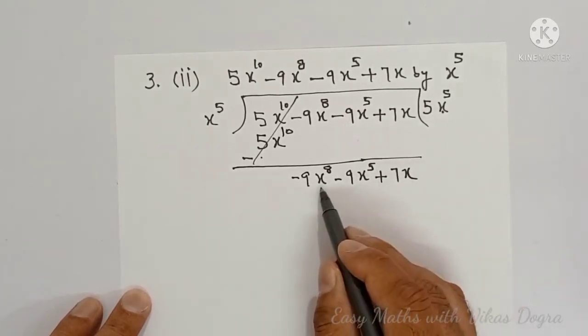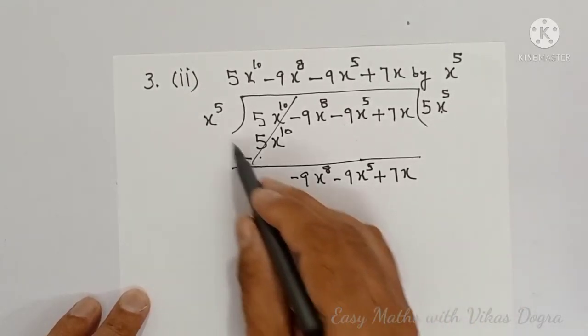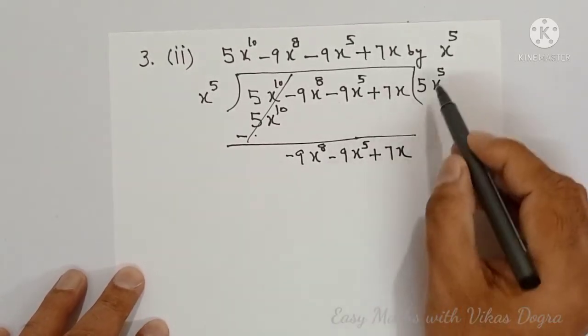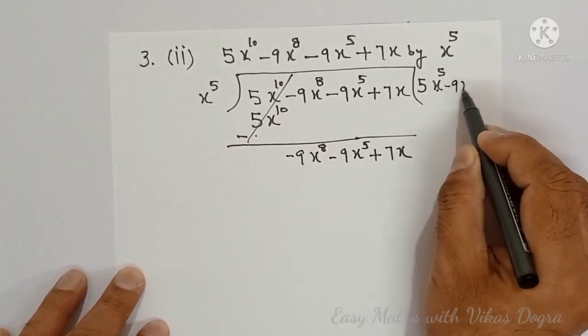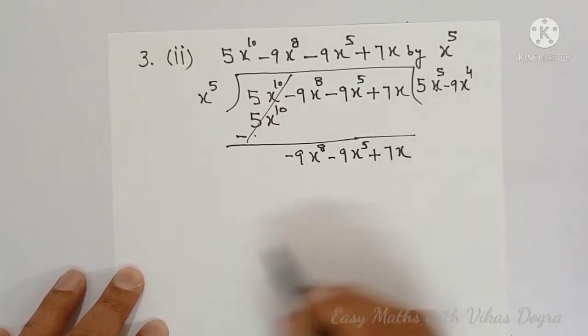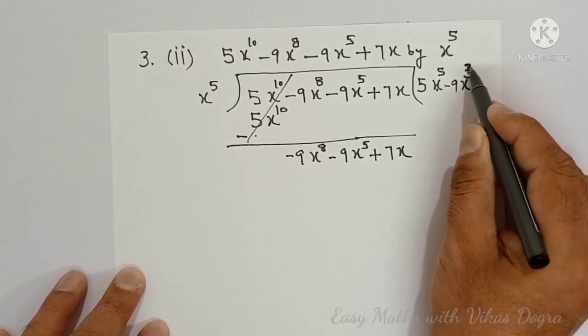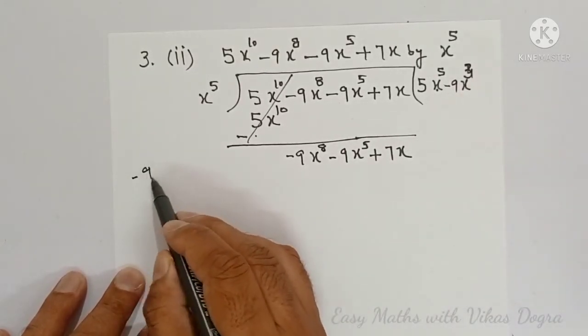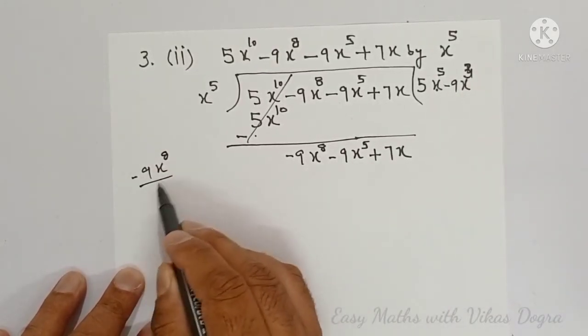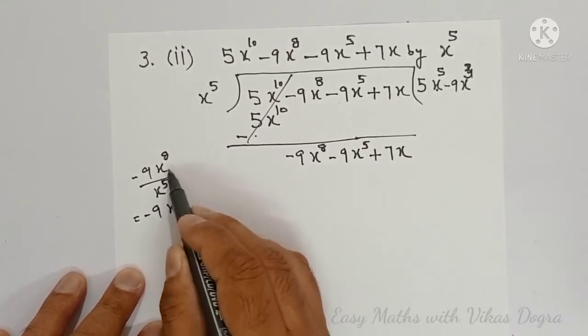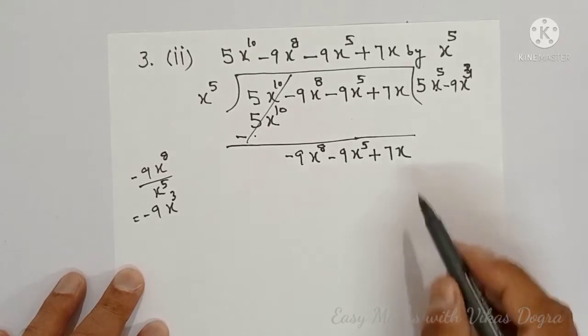Now minus 9x power 8 to be divided by x power 5. It will become minus 9x power 4. You can check by dividing, not 4, this is 3. I am showing here minus 9x power 8 divided by x power 5 is minus 9, and x power 8 minus 5 is 3.